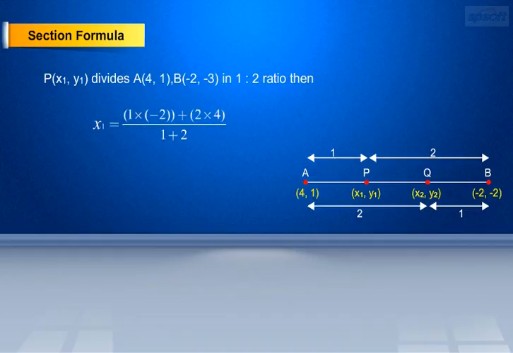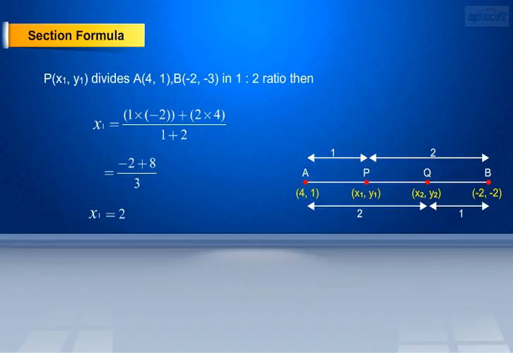On substituting the values, we have x1 equals (1 into -2 plus 2 into 4) divided by (1 plus 2). This implies that x1 equals (-2 plus 8) divided by 3. This implies that x1 equals 2.